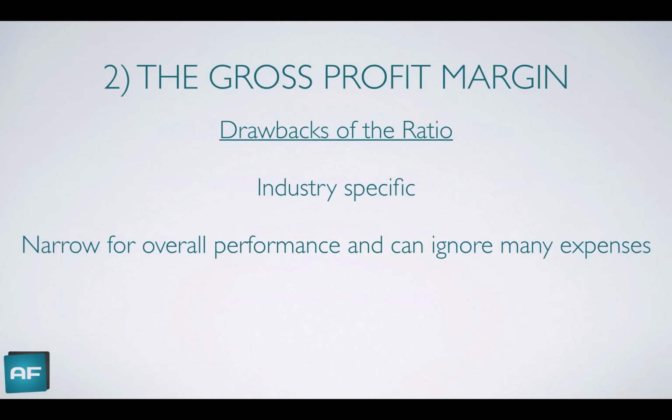When you're only focusing on the inventory costs, you are ignoring many expenses throughout the business. So you may have a great gross profit margin, but if you can't control your other costs, then it may not result in a high profit at all. That you can't really tell at all from the gross profit margin.